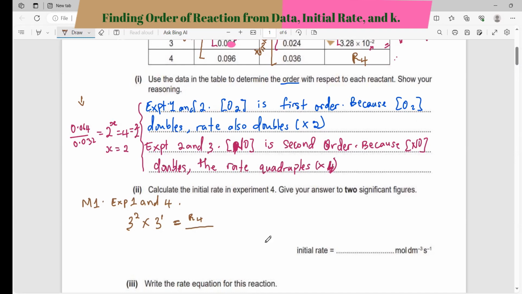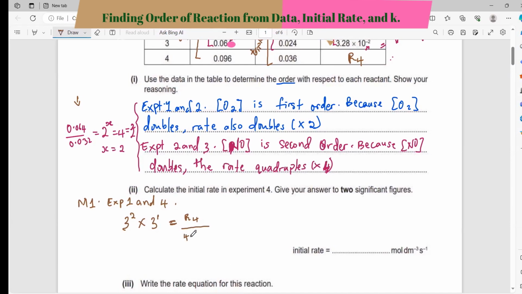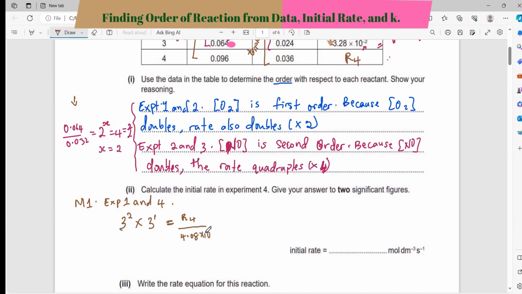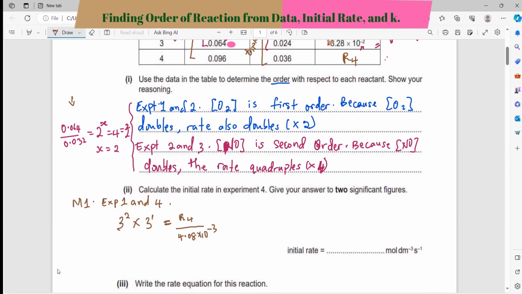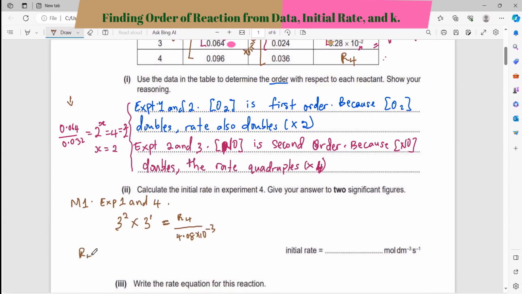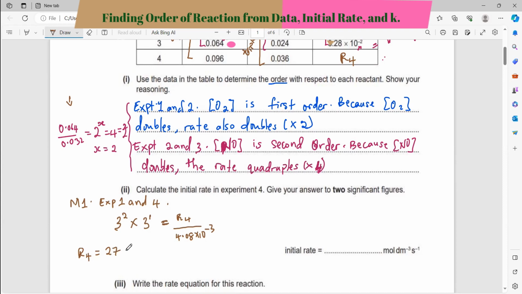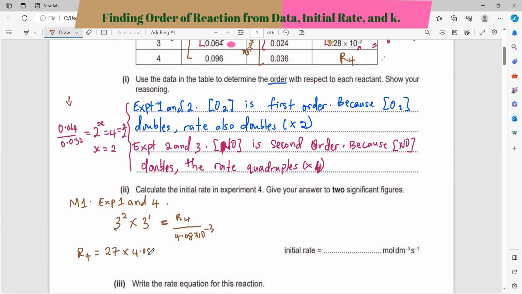divides 4.08 times 10 to the minus 3. So telling you that R4 equals 27 multiplies 4.08 multiplies 10 to the minus 3.